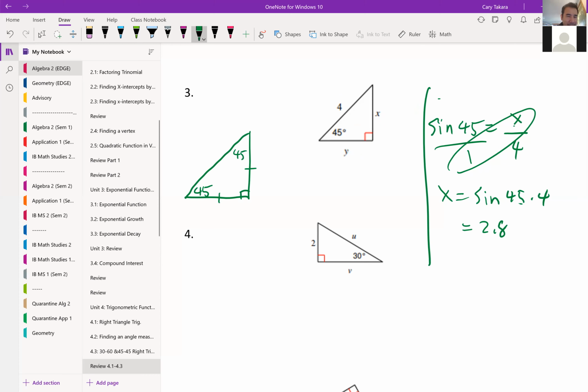For example, if it is 7, the other side is also going to be 7. And then the hypotenuse is always square root of 2 times more than 7. So it's 7 square root of 2.